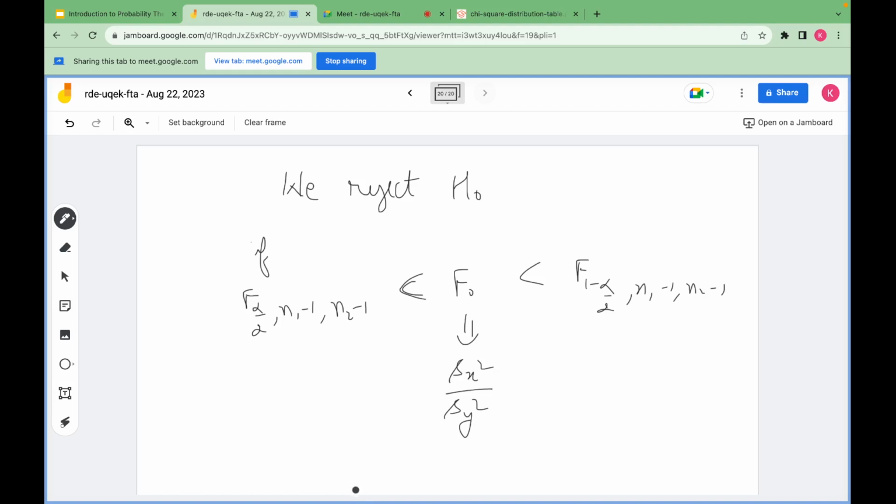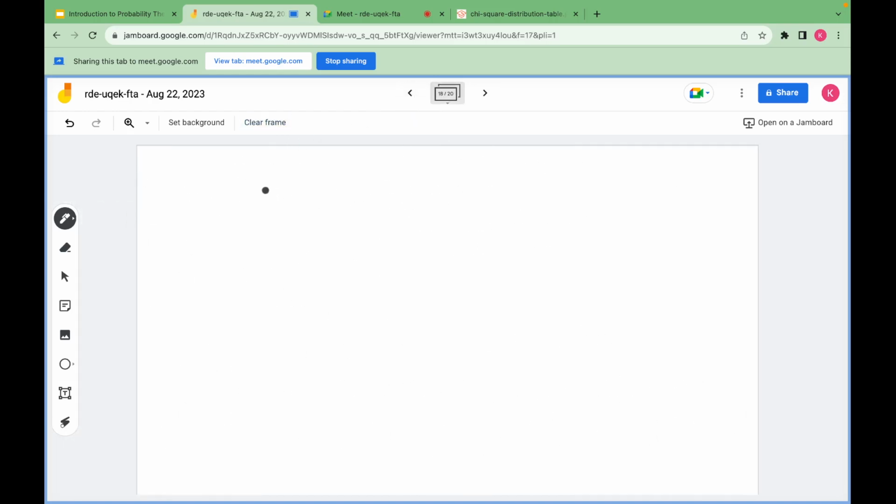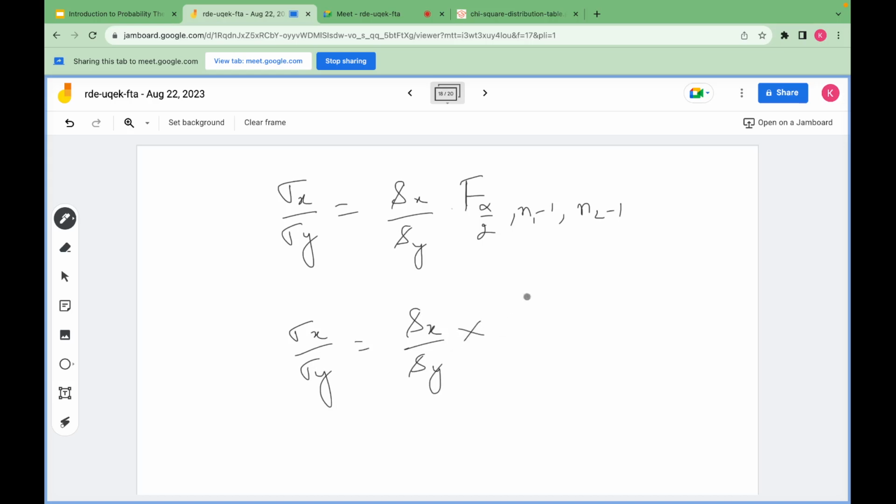So we can write sigma x by sigma y is equal to sx by sy into root of F alpha by 2, n1 minus 1, n2 minus 1, or sx by sy into root of 1 upon F alpha by 2, n1 minus 1, n2 minus 1.